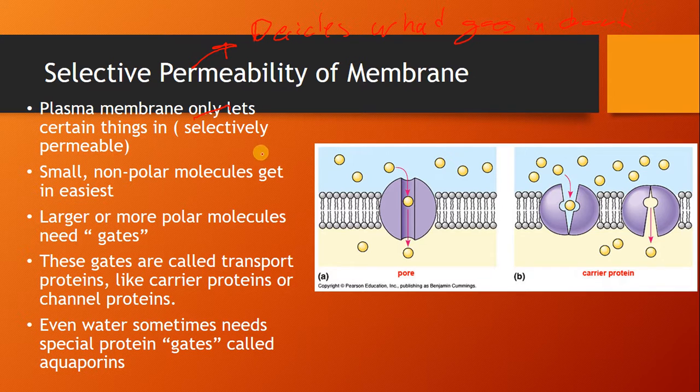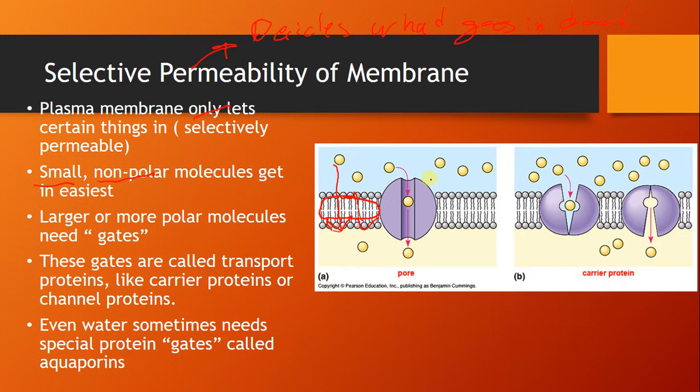In general, because of this large area in between of nonpolar hydrophobic fatty acid tails, usually only small nonpolar molecules can get through. So water sometimes even has a hard time getting through, because even though it's small, it's polar. But small molecules, like oxygen, like nitrogen, can get through just by diffusion. They can diffuse right across the plasma membrane.